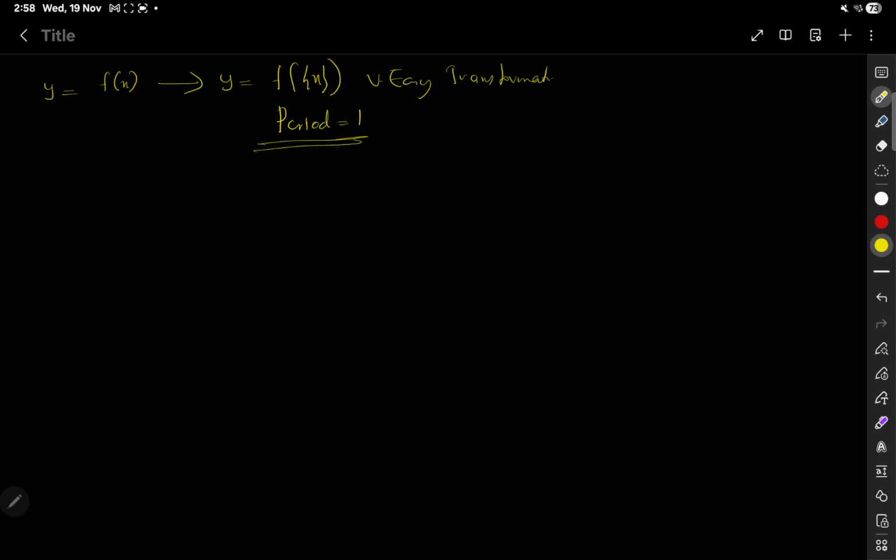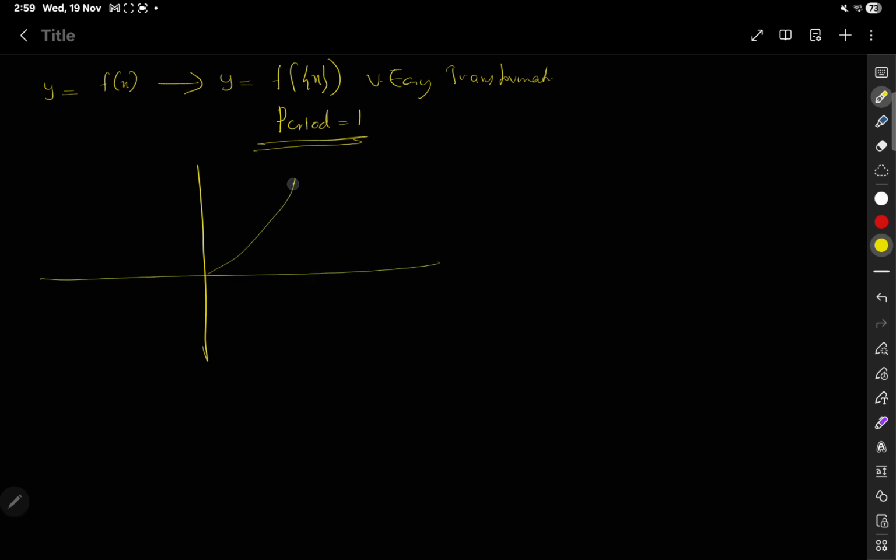I'm not saying its period cannot be other than 1, maybe something less than 1 is also possible. But it's sure that if you replace x by x plus 1, you will definitely get f of fractional part x itself. So period is 1. So maybe fundamental period is less than that, but period is 1.